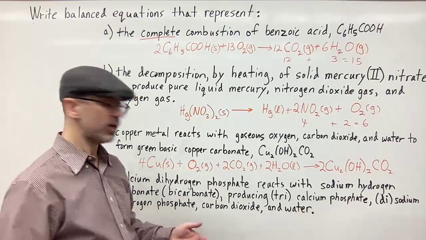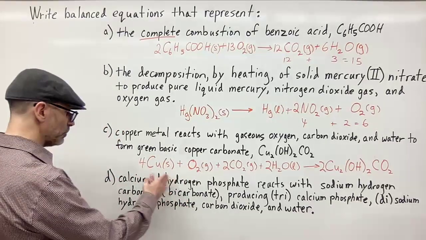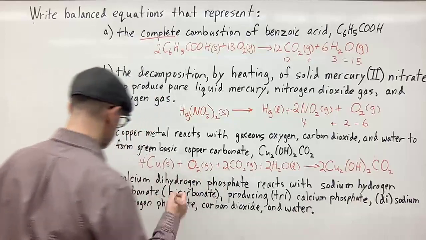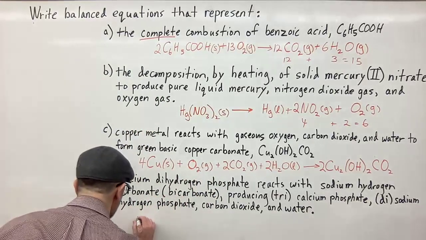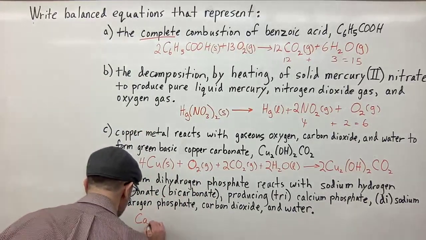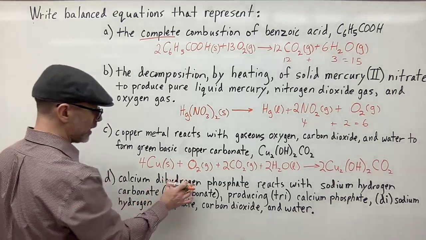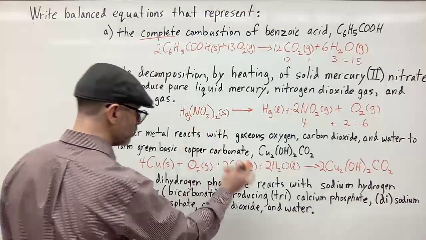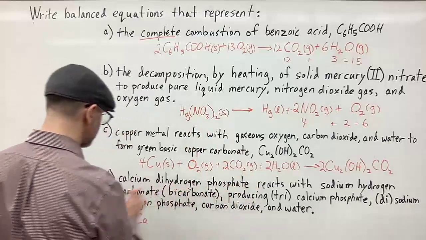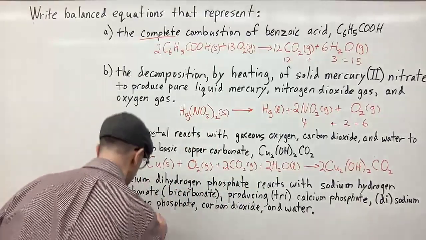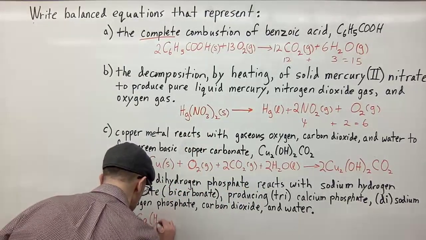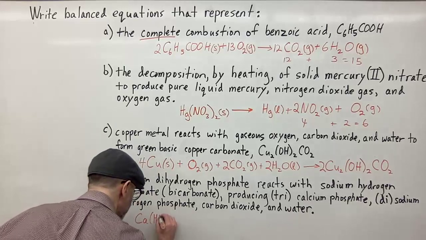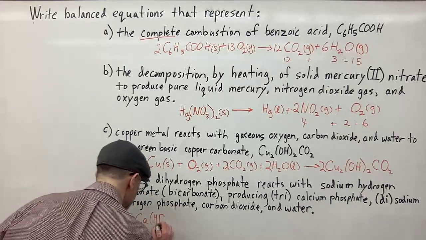Finally, our last one. We have calcium dihydrogen phosphate. So we're going to write out the formula. Dihydrogen phosphate has a charge of -1. Calcium has a +2, so I need two ions of dihydrogen phosphate.